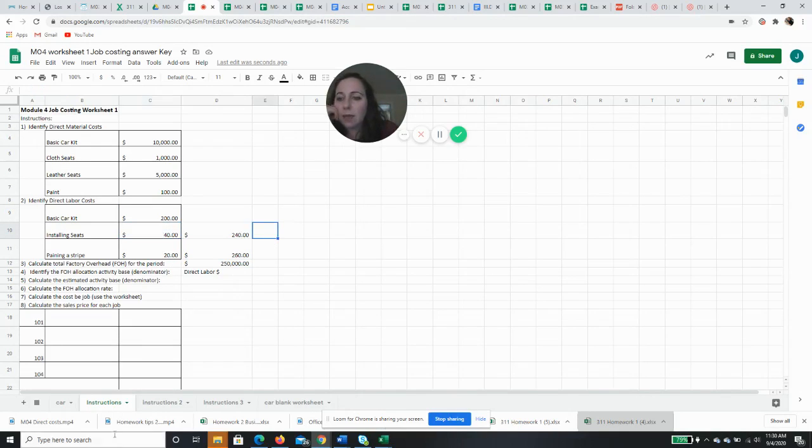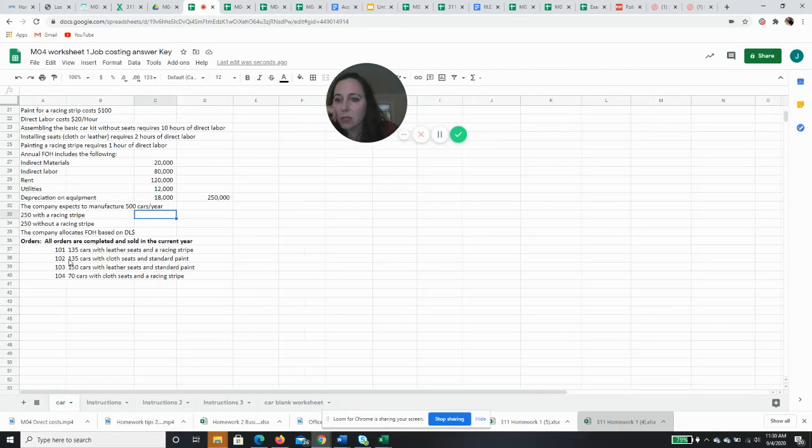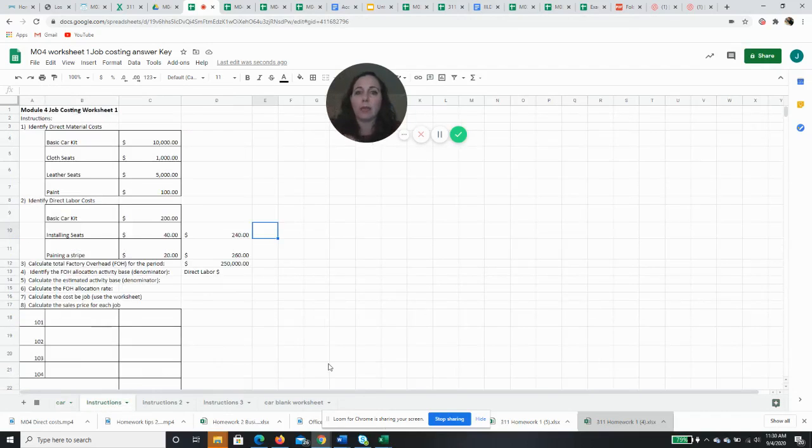So I know that I expect this year we're going to make 250 with a racing stripe and 250 without. So I can estimate my direct labor dollars that way.